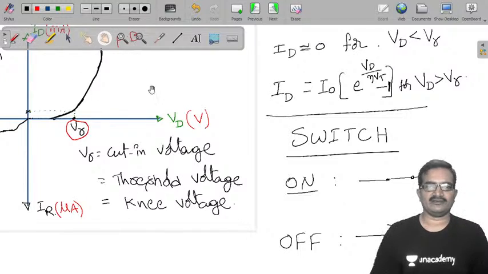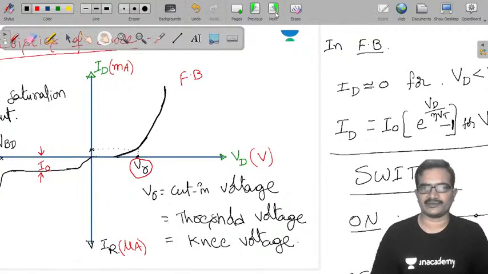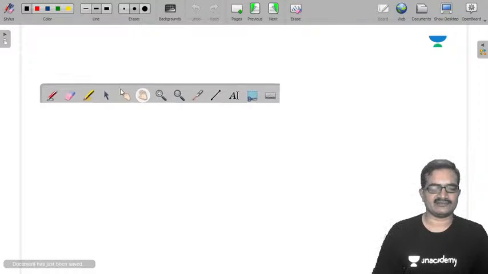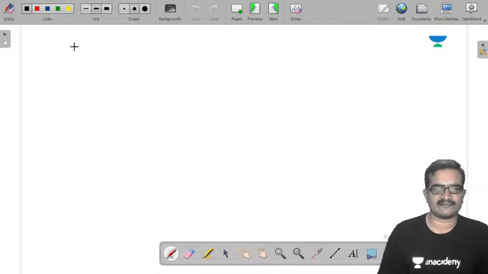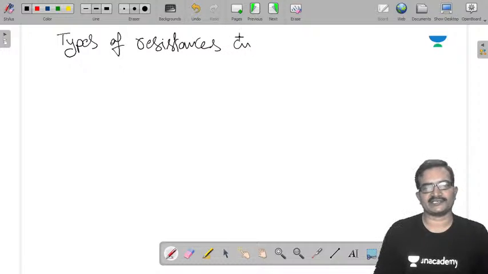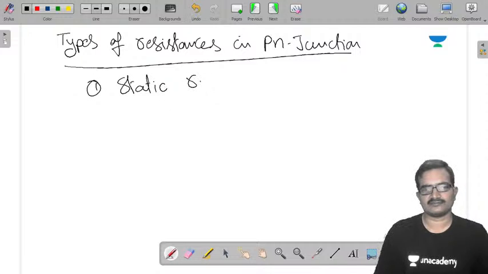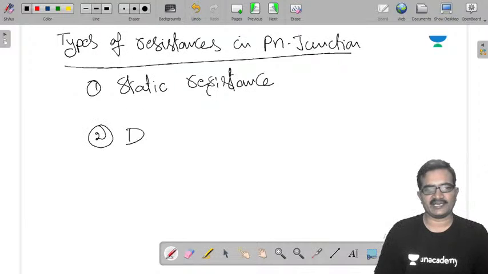Now how to get those values? Here we have two types of resistances in a PN junction: one is the static resistance, and the second one is the dynamic resistance.